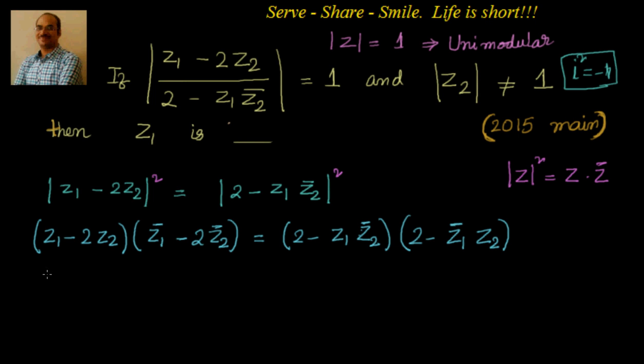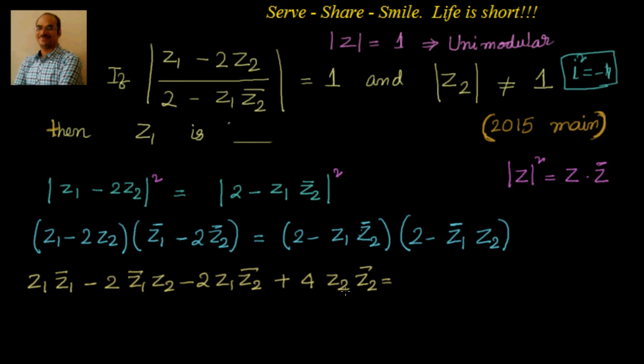Now let's multiply this and see what happens. We'll have z1 into z1 conjugate minus 2 z1 conjugate into z2 minus 2z1 into z2 conjugate plus 4 into z2 into z2 conjugate is equal to, coming here, 2 twos are 4 minus 2z1 conjugate z2 minus 2z1 z2 conjugate.